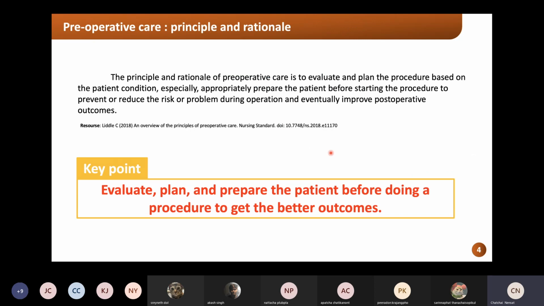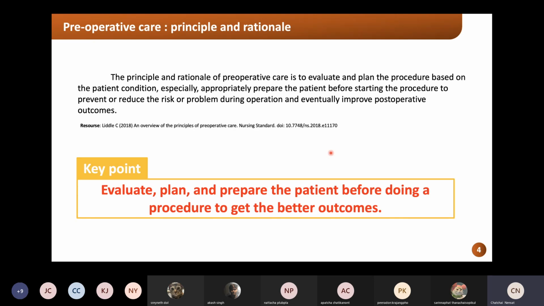And when we look at the principle and rationale of pre-operative care, it is to evaluate and plan the procedure based on the patient's condition or information, especially to appropriately prepare the patient before starting the procedure, to prevent or reduce risks or problems during the operation, while the doctor is doing the procedure.